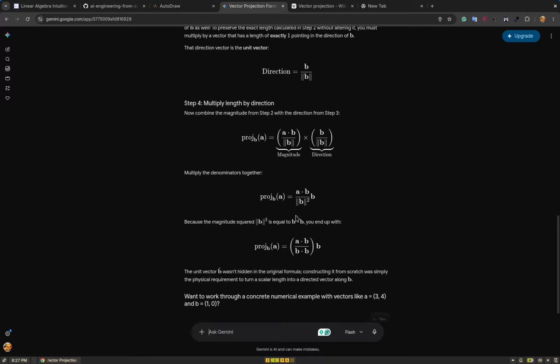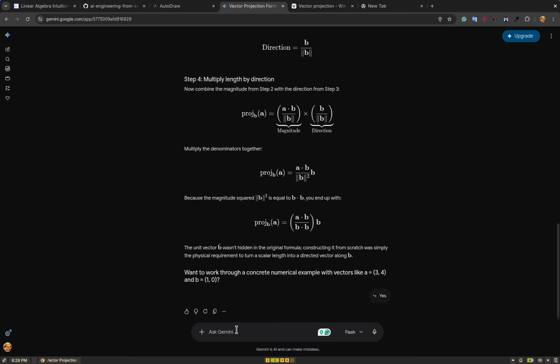But I do not desire only the magnitude of the projection. I also want the direction. So I multiply it by B hat. So this gives me essentially the length of the vector in the direction of the projection. I think I understand now.